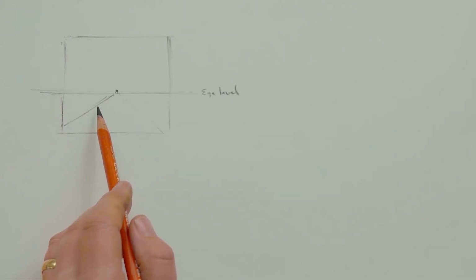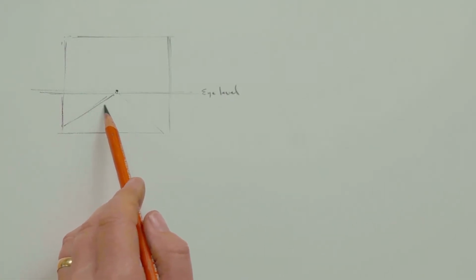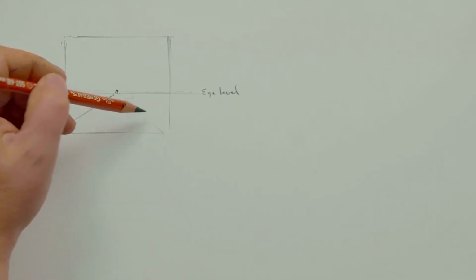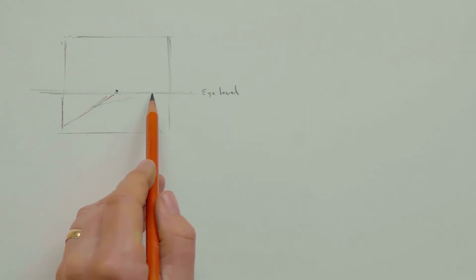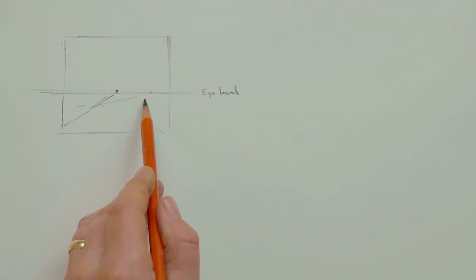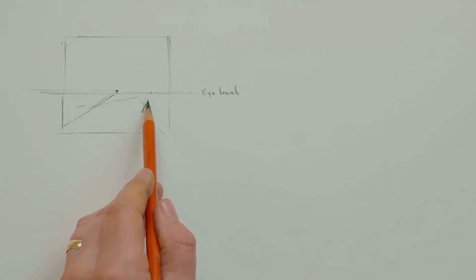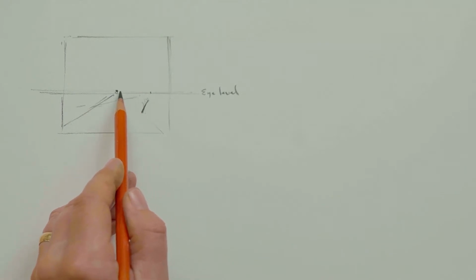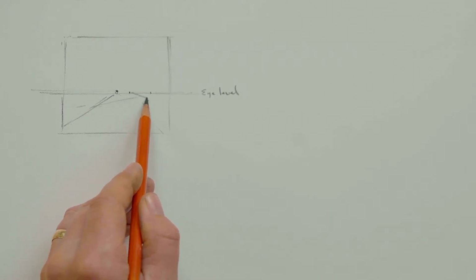So if the street isn't straight, what will happen is, say it veers in this direction, it will have a new vanishing point going off in that new direction, and say then it returns back to this point.